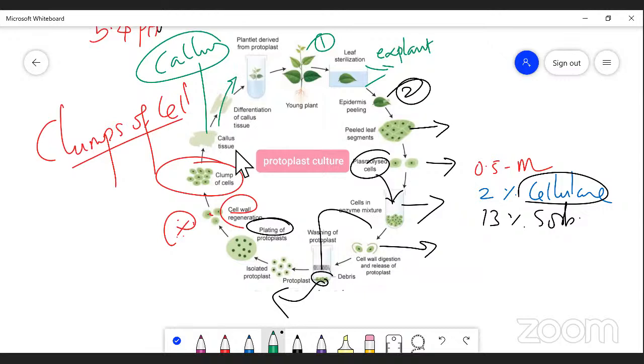Later it differentiates into a shoot system which grows towards light, and a root system which grows towards gravitational force. Here you find two portions: the green portion is considered the shoot system, and the red portion is considered the root system.